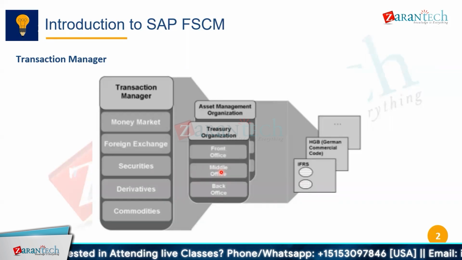Once it has been approved, the accounting and reporting will be managed by the back office team. Normally the back office team means the accounts department. So overall in the treasury function, we have the treasury department and the accounts and reporting department. Back office is normally managed by the accounting and reporting department.